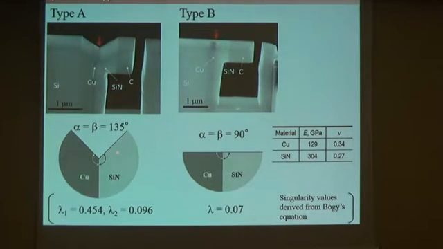And this shape has two singularity values, which were derived by solving Bogy's characteristic equation by using these elastic constants we obtained from the literature: 0.45 and 0.1 or so. And the plane specimen, the 90-degree, 90-degree shape, had only one singularity value. This is just an elastic analysis.